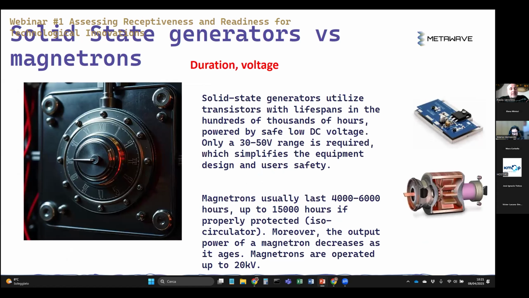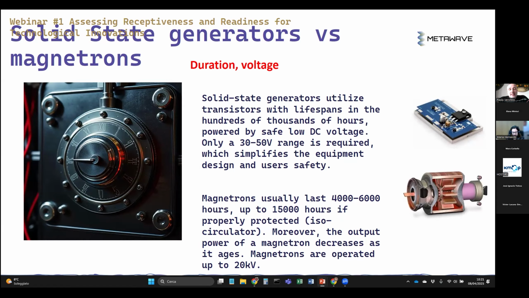And we have other advantages, and that's why we are addressing the topic of solid-state generators here, because in the near future, we are expecting to have more and more use of solid-state sources compared to magnetrons. Why? For instance, for lifespan reasons, a solid-state generator can last hundreds of thousands of hours.